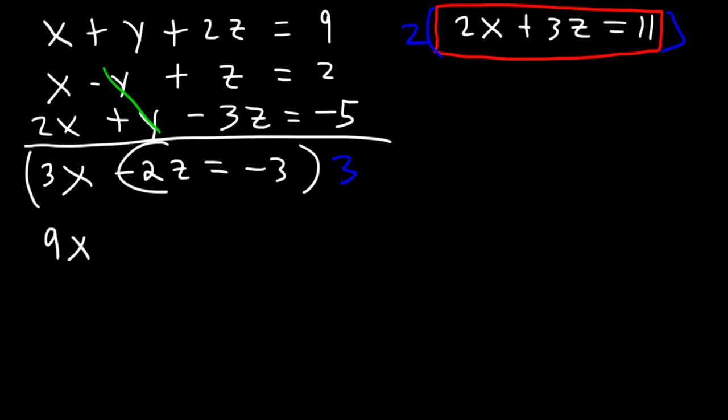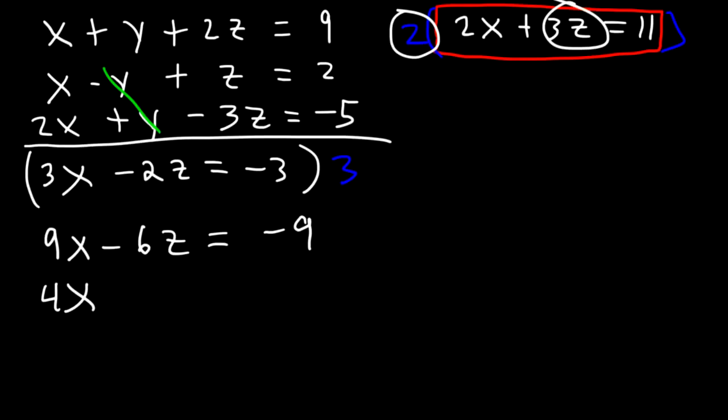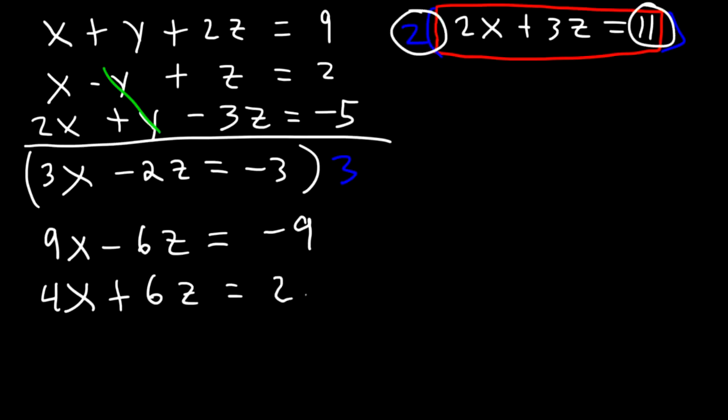Negative 2z times 3 is negative 6z. And negative 3 times 3, that's negative 9. Now 2 times 2x, that's 4x. 2 times 3z is positive 6z. And 2 times 11 is 22.